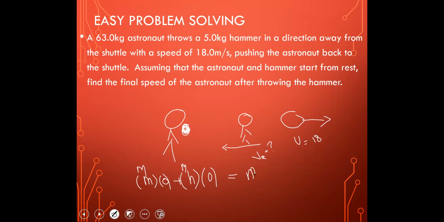So the mass of the astronaut times his velocity plus the mass of the hammer times its velocity. They are not moving with the same velocity. They are moving with different velocities, in different directions. So we have to write now the formula of the conservation of momentum as the statement says.